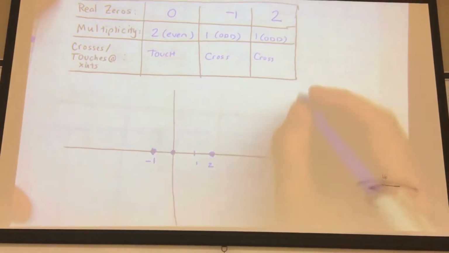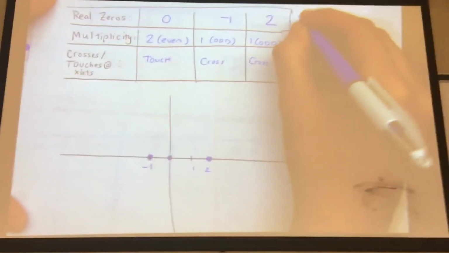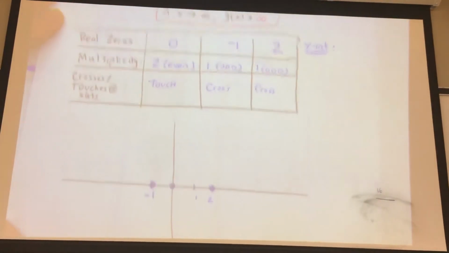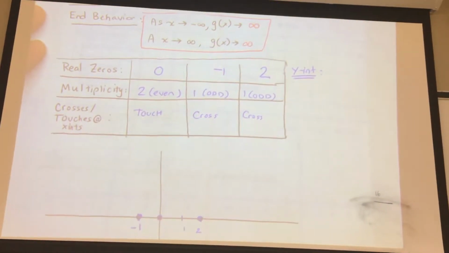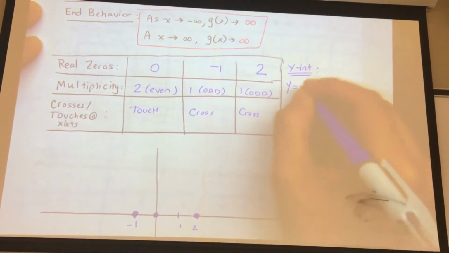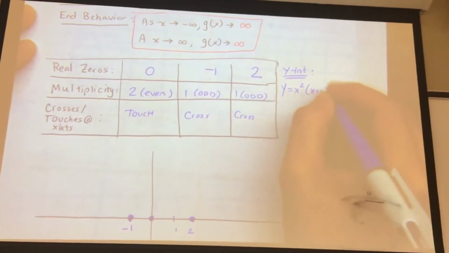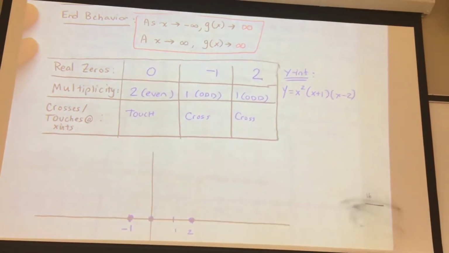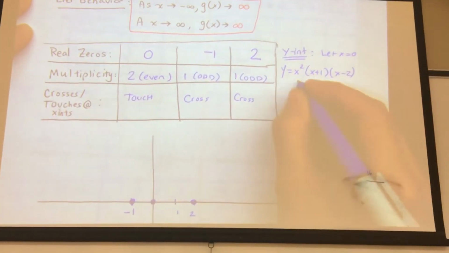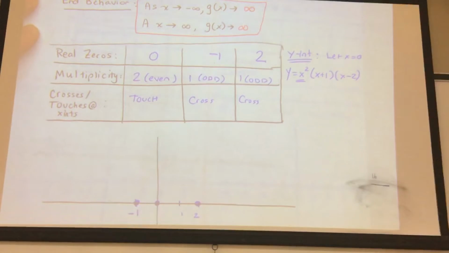I could even get a y-intercept just for kicks and giggles, to have a better sketch, which is usually a great idea. And the way we get y-intercepts is by letting x equal 0. In the original, we had y equals x squared, x plus 1, x minus 2, right? If I let x equal 0, that term goes to 0, doesn't it?